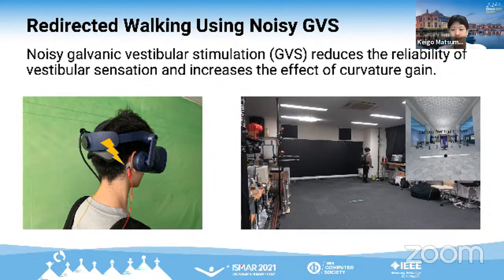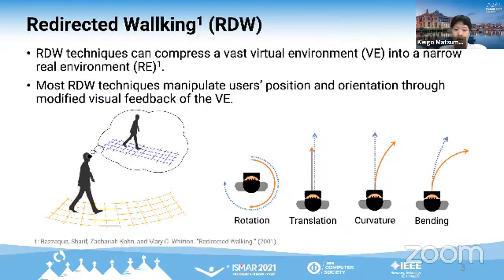To begin with, let's address redirected walking. Redirected walking can compress a virtual environment into a real narrow space. Most redirected walking techniques manipulate users' position and orientation through modified visual feedback of the virtual environment.